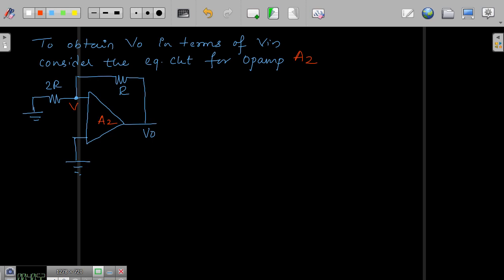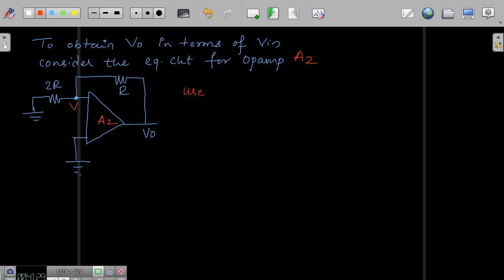Please check. Only I have considered the op-amp A2. Okay, so now I will relate V0 and V using your simple voltage division theorem.